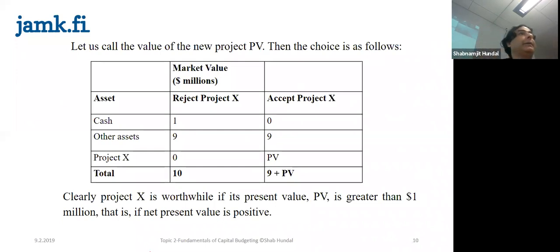If you are able to estimate today the cash flows for the next 5 years, and when you add the existing assets plus the new cash flow, 9 plus PV is more than the existing situation, then this project is worth undertaking.